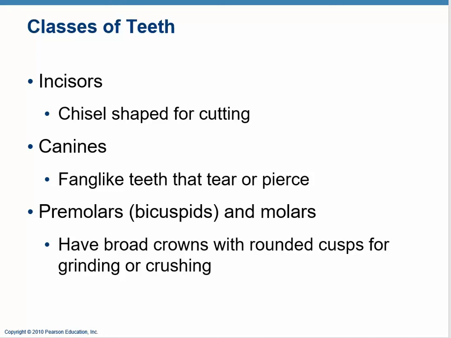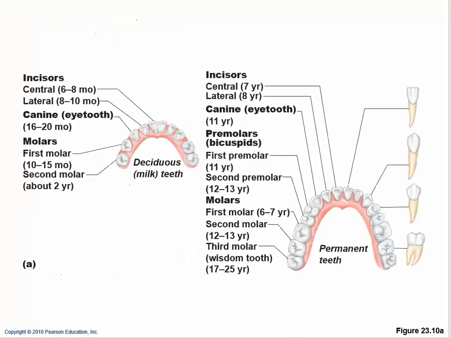There are bicuspids that are sometimes called the premolars that are there for crushing and grinding, and then there's the molars. And the dentition formula is this: in each quarter of each jaw, we have 2 incisors, 1 canine, 2 bicuspids, and 3 molars.